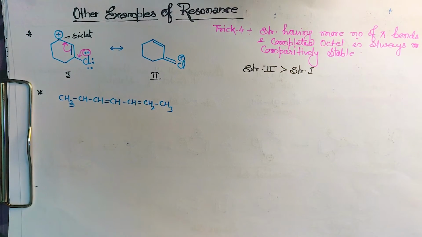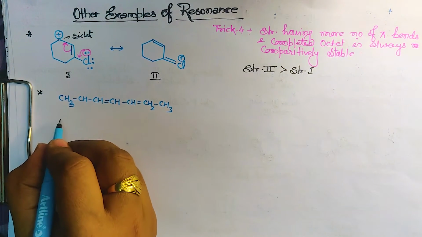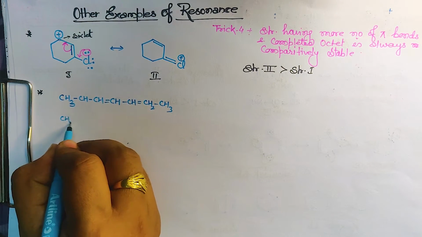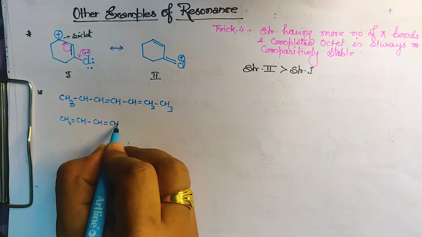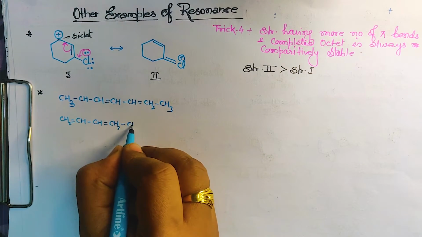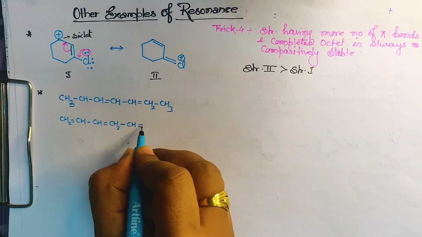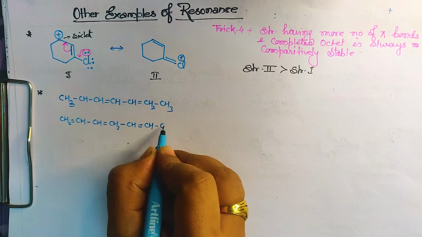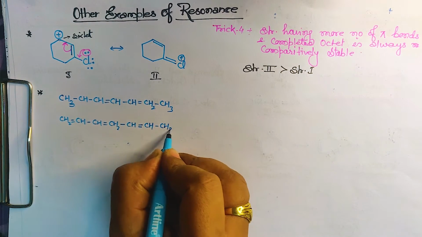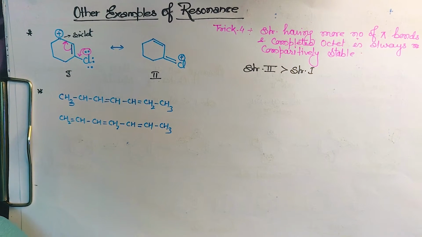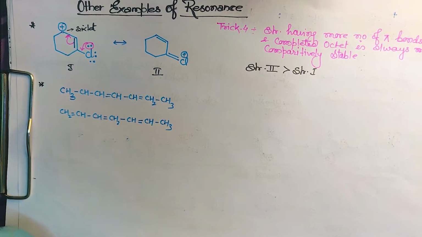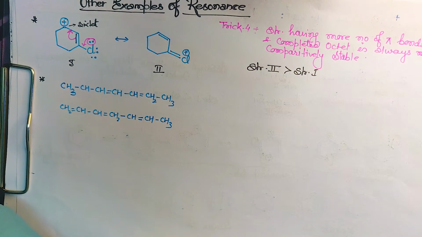This one is the compound, and another compound is like this. Suppose this is the structure I am giving you, and I will ask which one is more stable out of these two, structure 1 and 2.